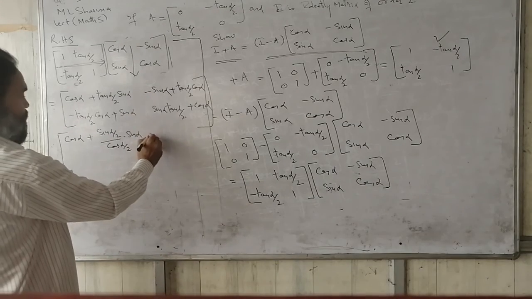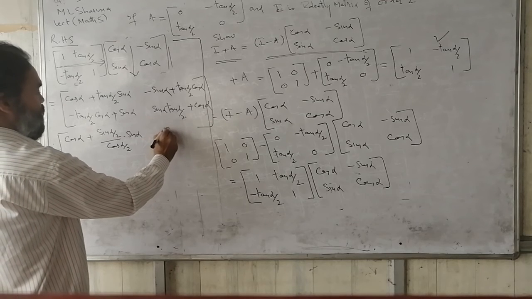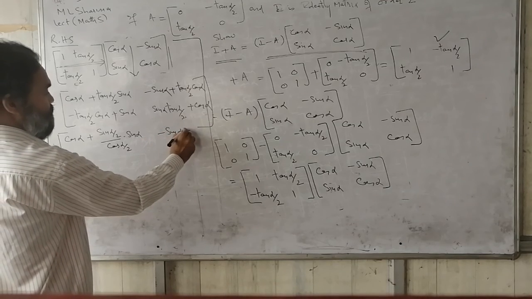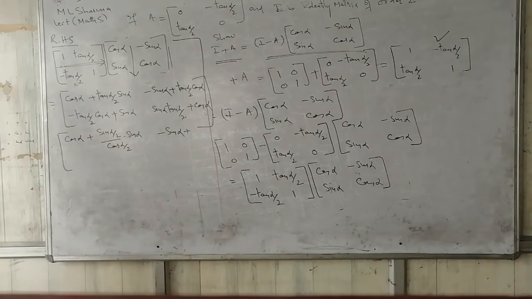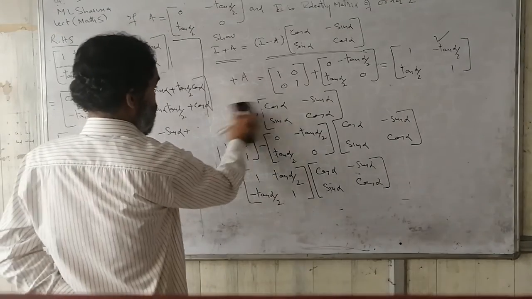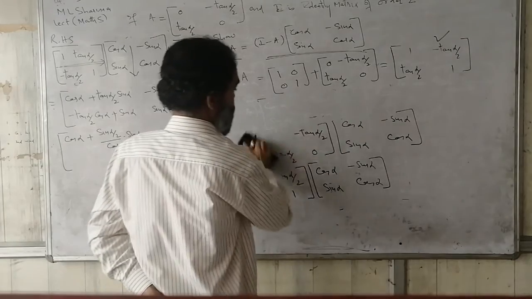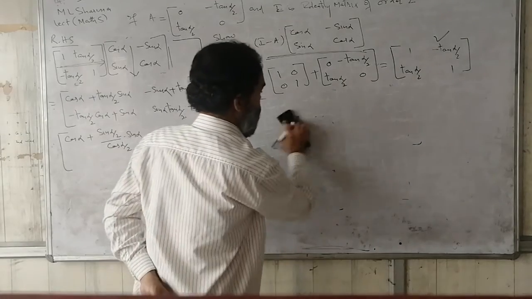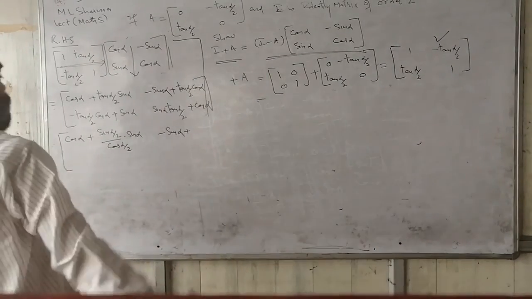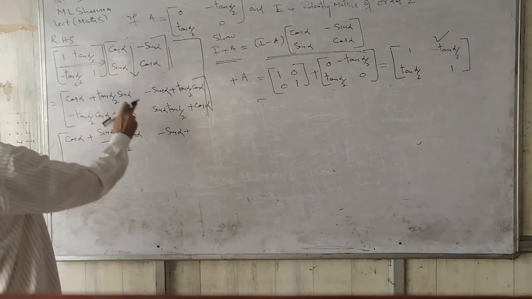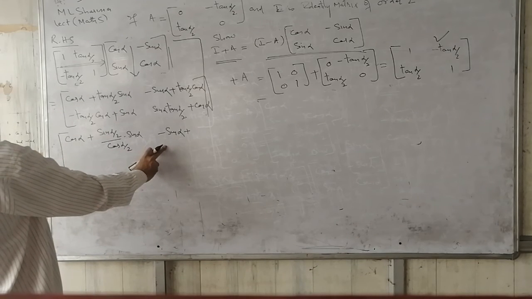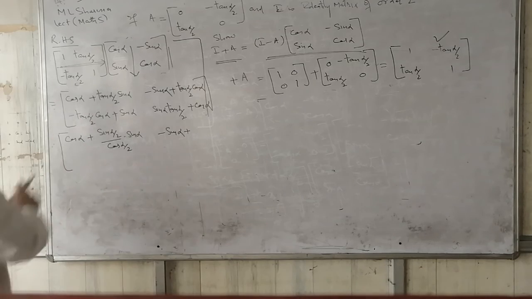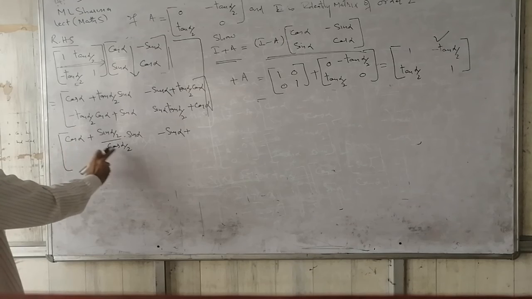Here also, minus sin alpha plus, then this first cos alpha, this sin upon cos alpha by 2, sin alpha.